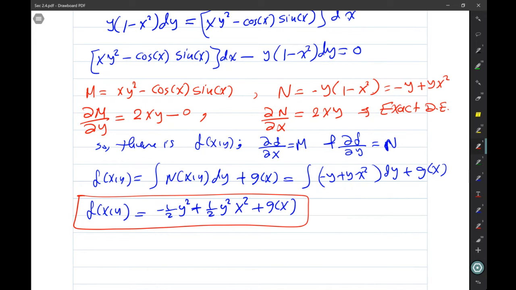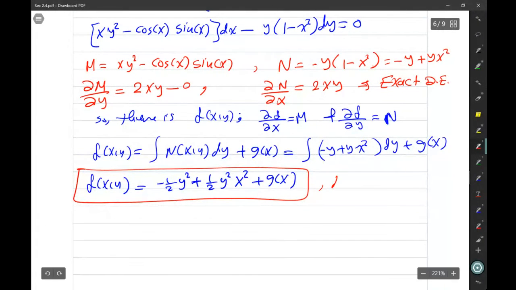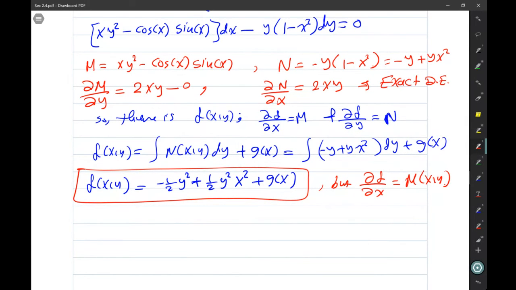Now I need to find out the function g of x. What I have to do is say that df by dx should be equal to m of xy. Now derive this function f with respect to x.